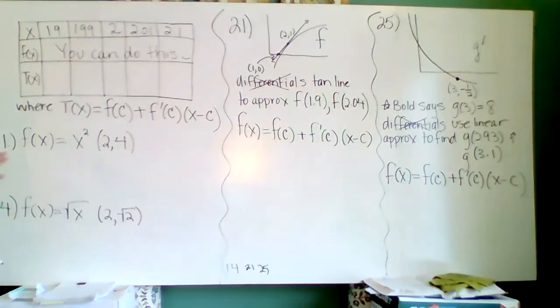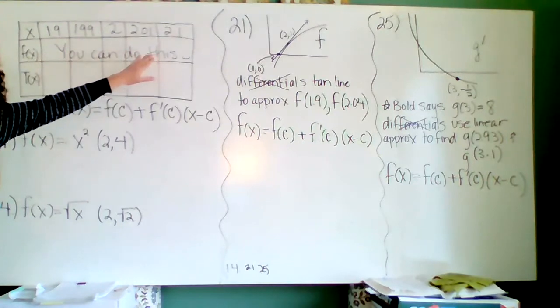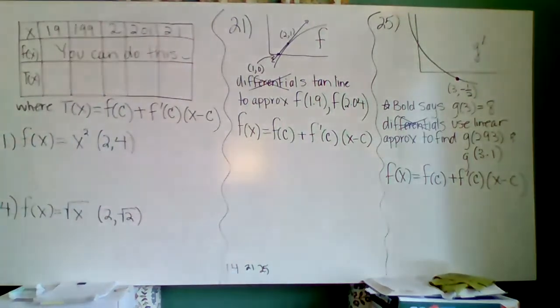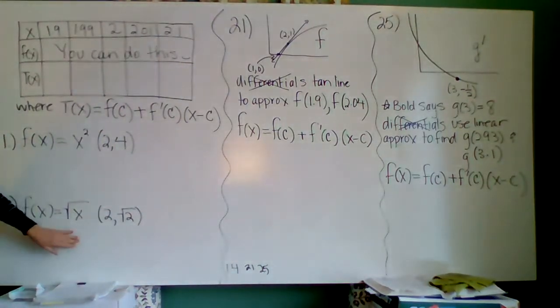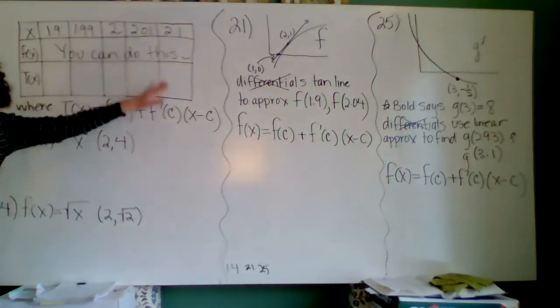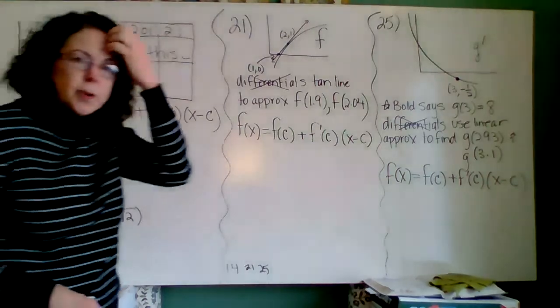All they're asking you to do is take the x of 1.9 and put it into the function and output the value here. Put in x of 1.99, output the value here, all the way across. So you know how to do function values. It is the same with f of x, the square root of x, right? You are just putting each x into the actual function to fill in the first row that's open.